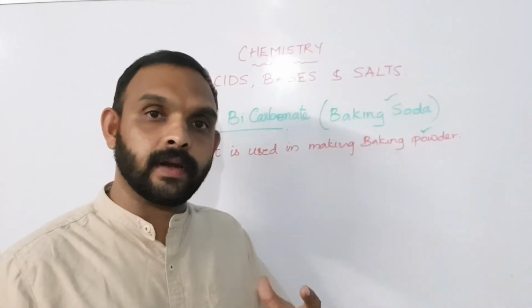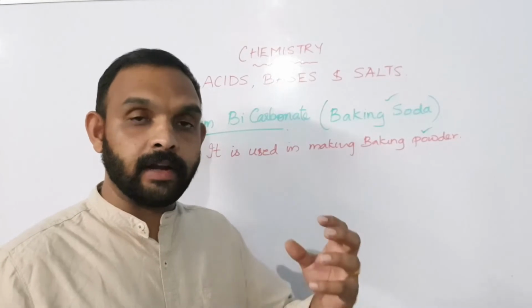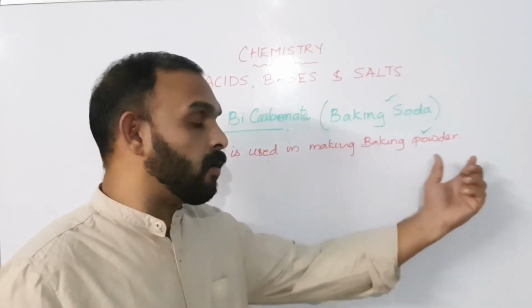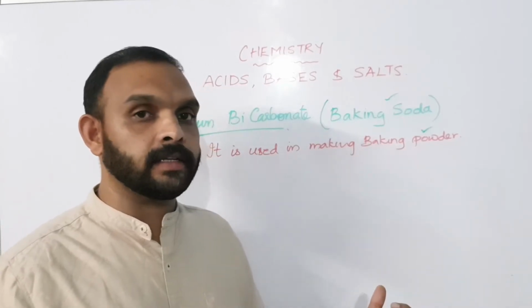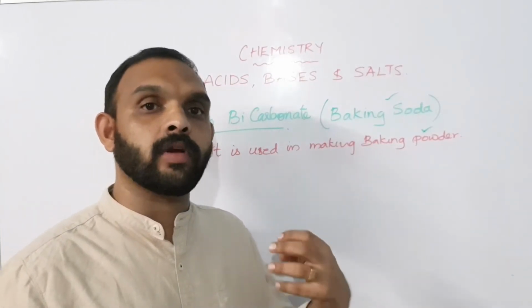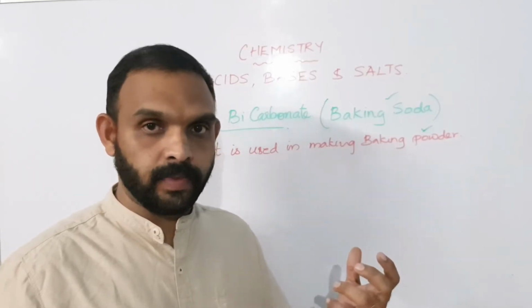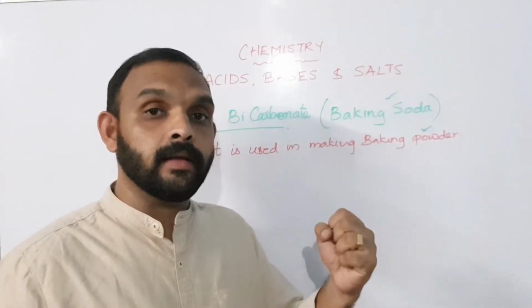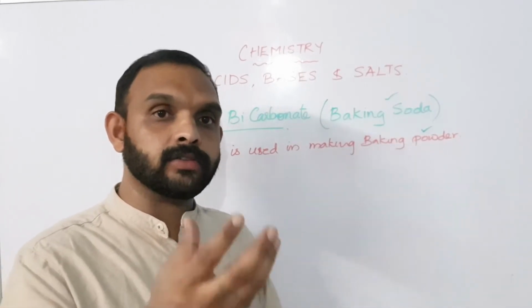When you heat the dough prepared for making the cake, the baking powder will also get heated. As we have seen in the properties, when baking soda is heated, it converts into sodium carbonate and gives out carbon dioxide gas.